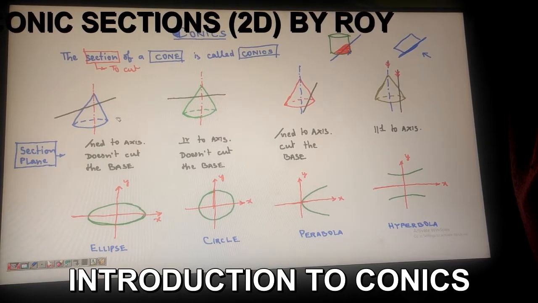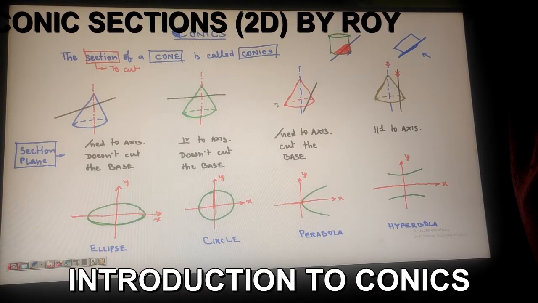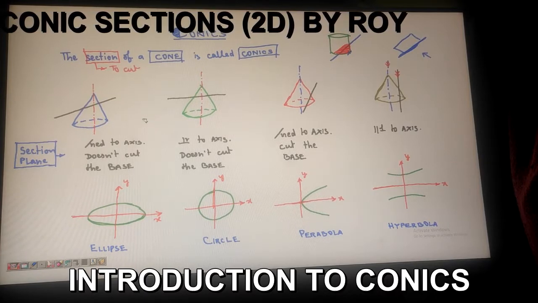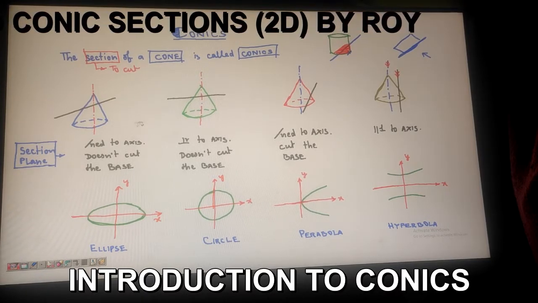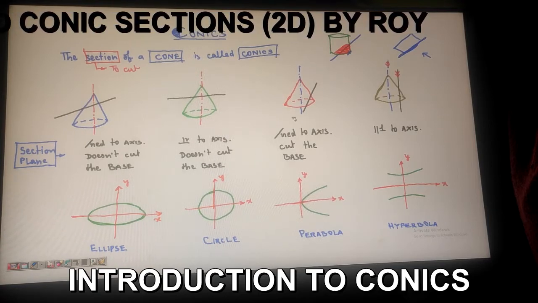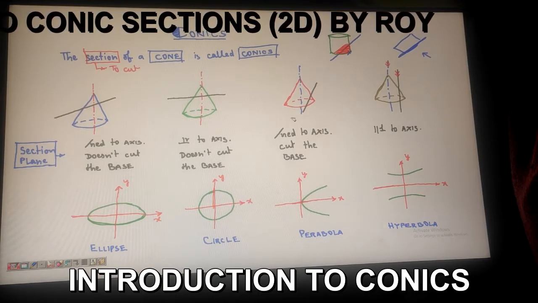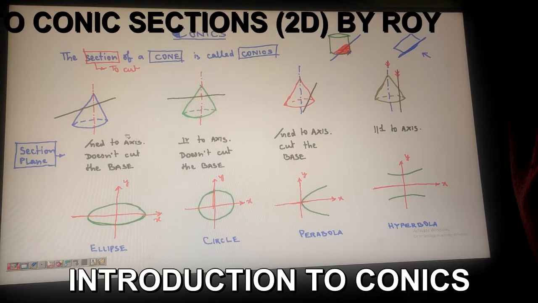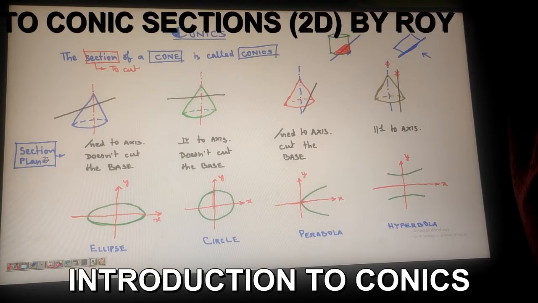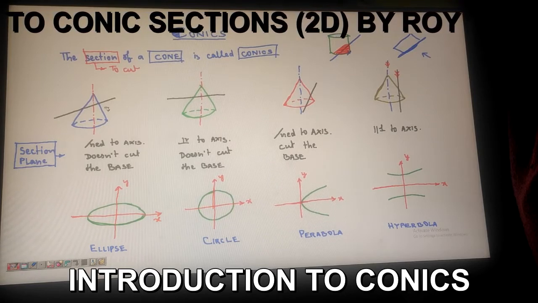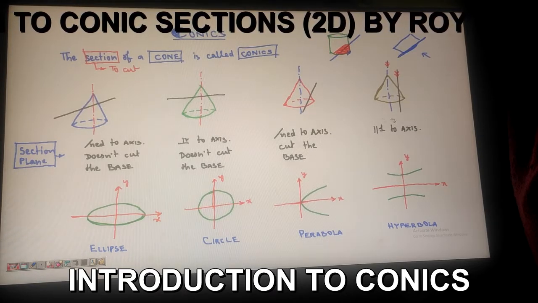Similarly, when we cut the cone with a cutting plane in different ways, there are four possibilities. Number one, the section plane is inclined to the axis. Axis means what?